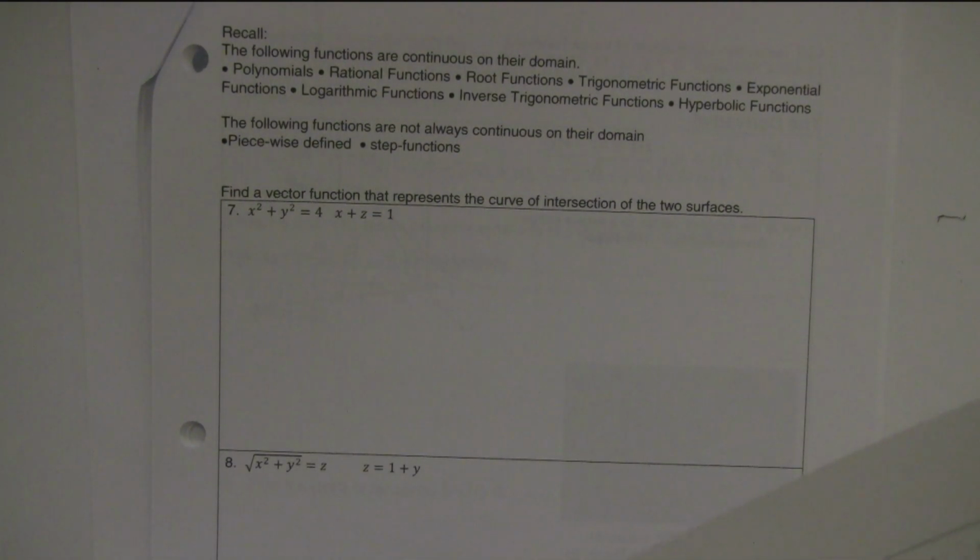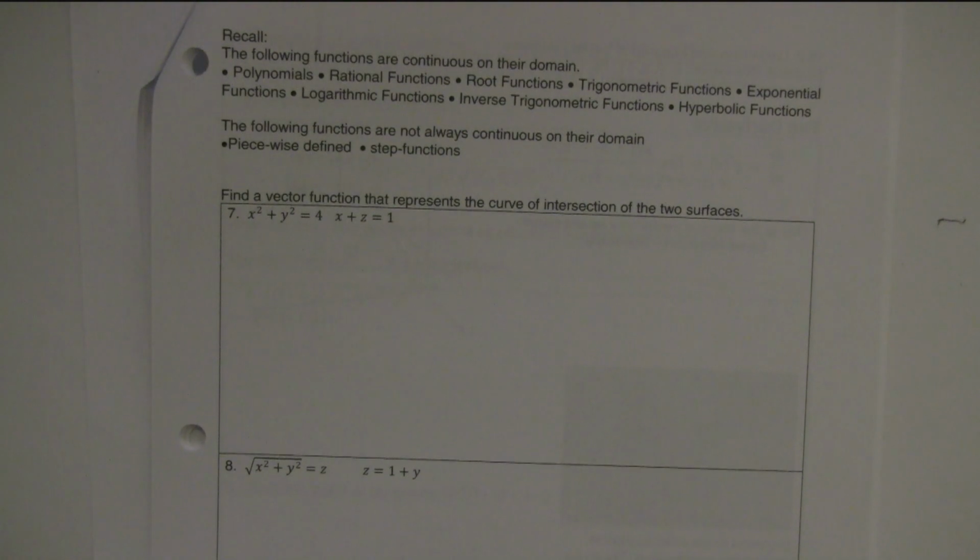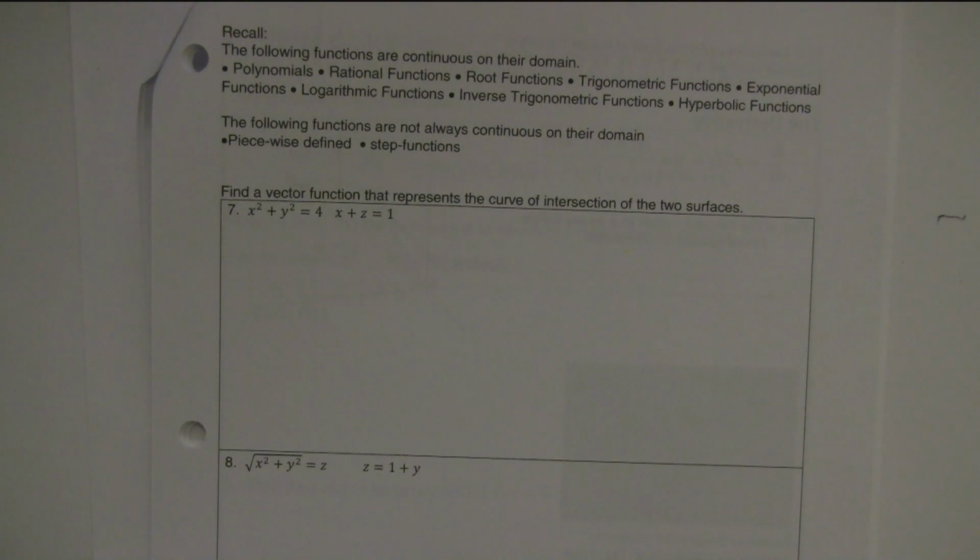Actually, step functions are piecewise defined, but a good example on those. And then the last thing they ask us to do is to find a vector function that represents the curve of intersection of the two surfaces.